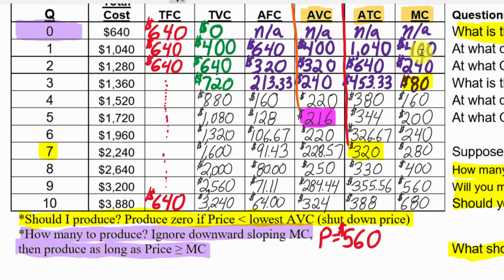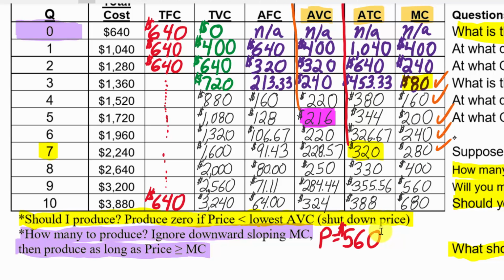So we ignore these first two and we start when the marginal cost is at its lowest point at 80. And we say, price is 560. Should I produce that third one? Yes. If I can sell it for 560 and it costs me 160 to make, should I do that? Yes. And the fifth one, cost 200, sell it for 560.